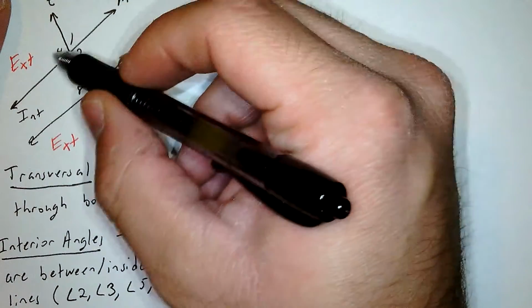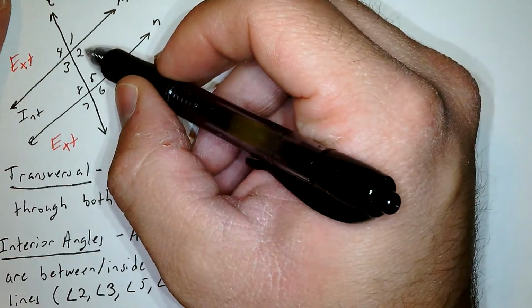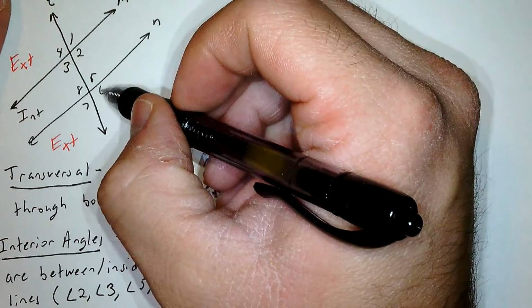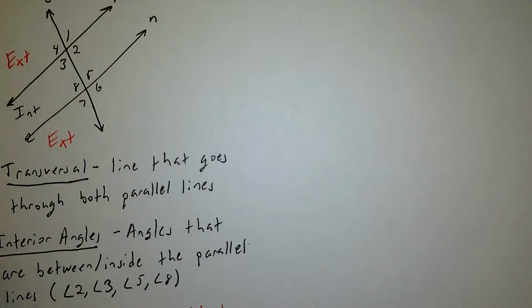So for example, angle 1 and 4 are alternate angles. Angle 2 and 8 are alternate angles. Angle 7 and 6 are alternate angles, and so on and so forth.